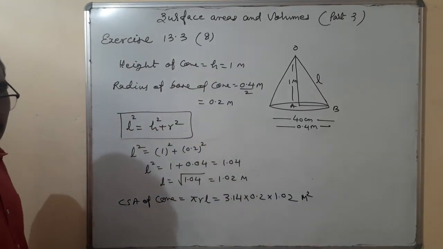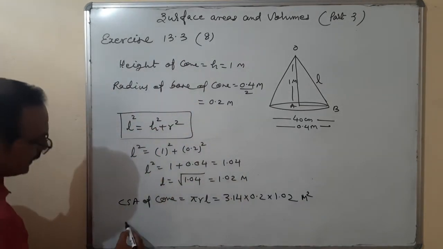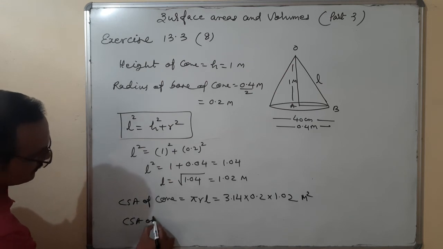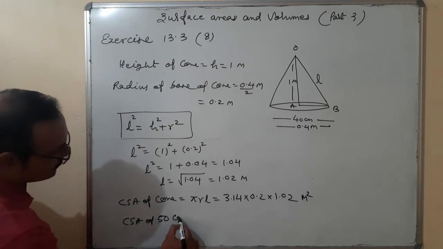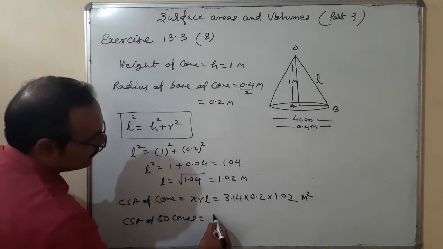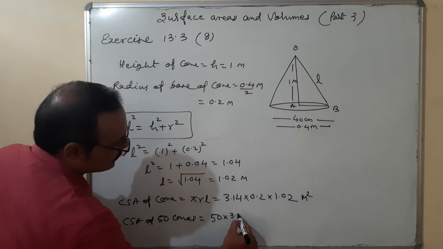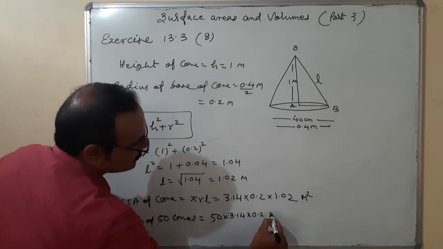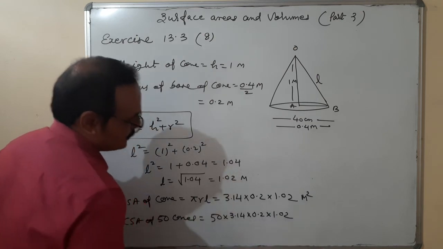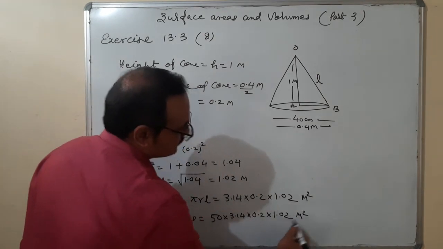After that, CSA of 50 cones is 50 multiplied by 3.14 multiplied by 0.2 multiplied by 1.02 meter square.